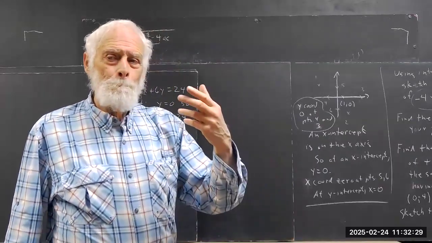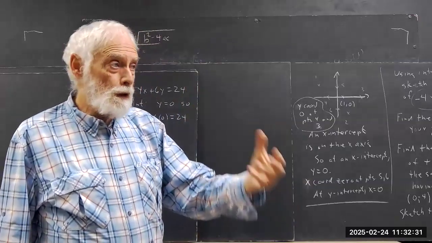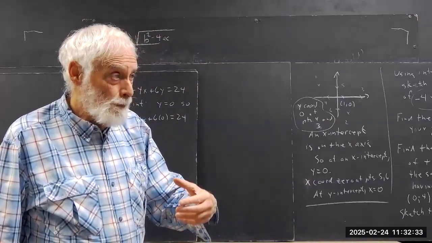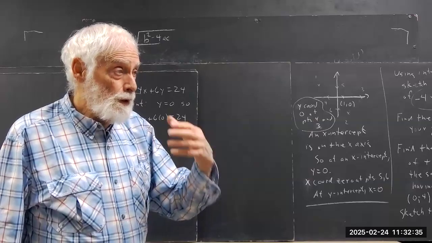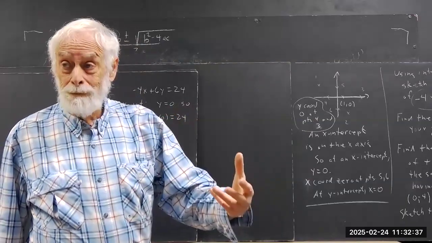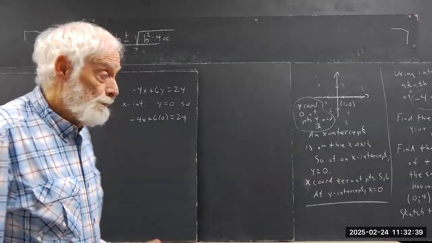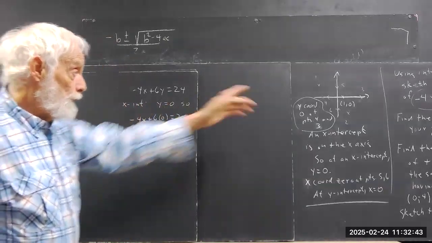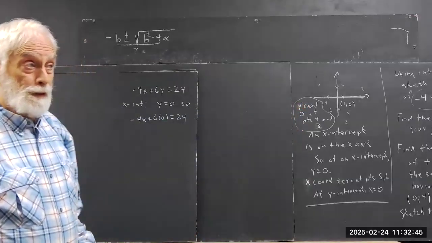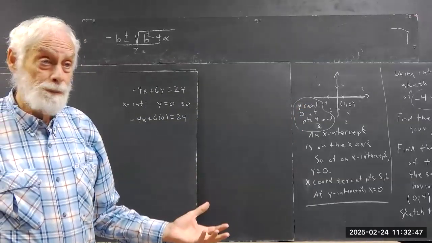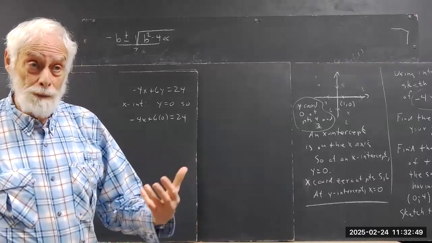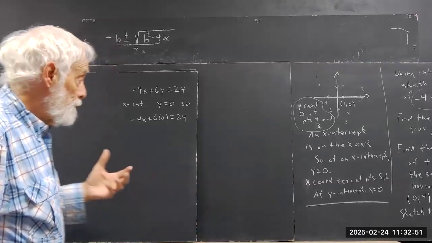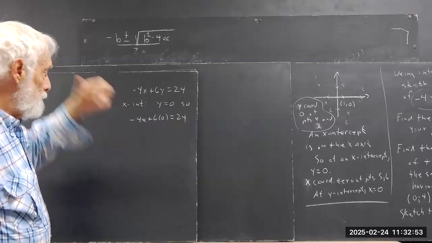If you don't bring that thought out of your memory, you're not going to do as well, okay? If you just memorize y equals 0 for the x-intercept without seeing why it is, you won't remember it. You get it confused, okay? So there we have it.